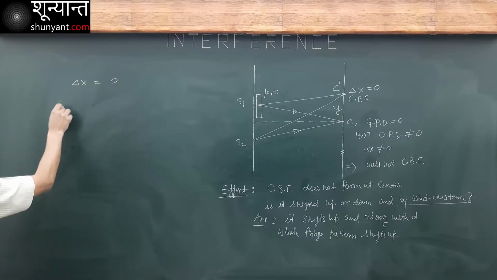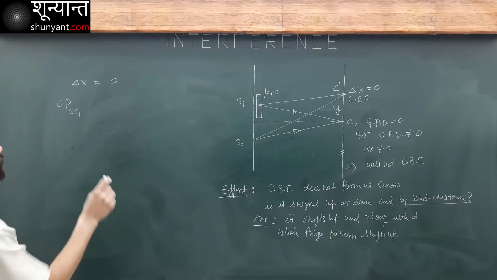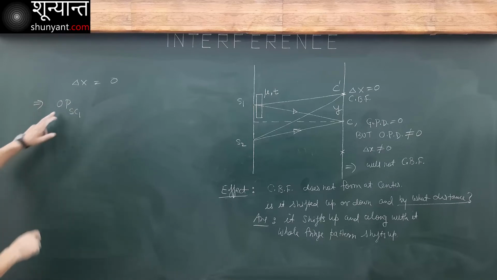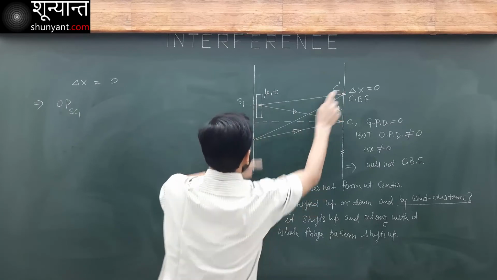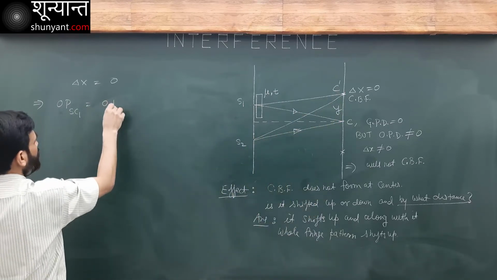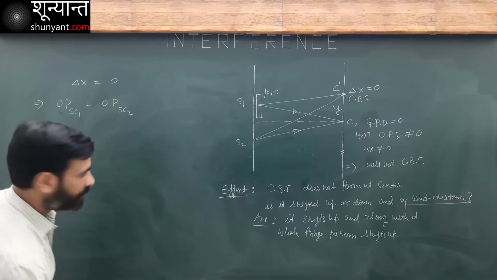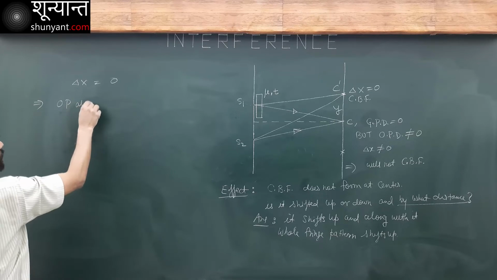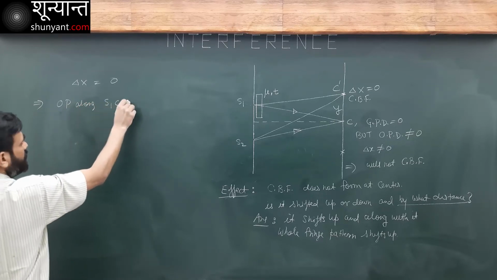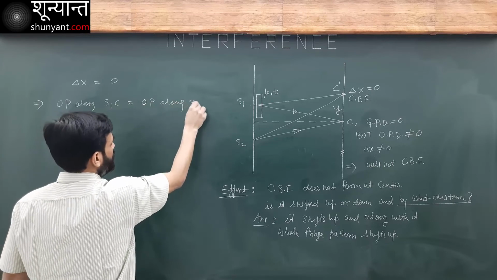So the optical path along S1C is equal to the optical path along S2C.